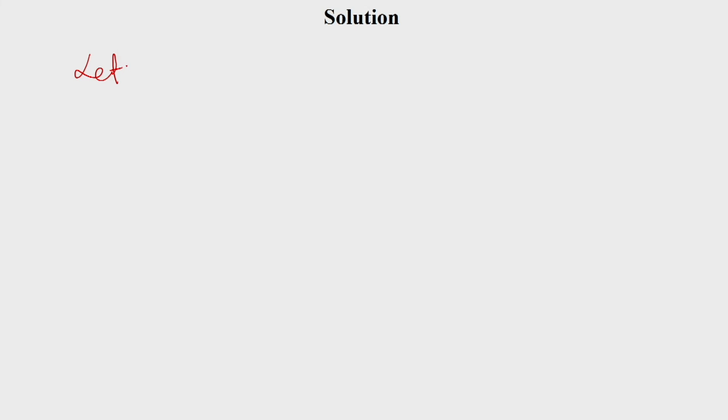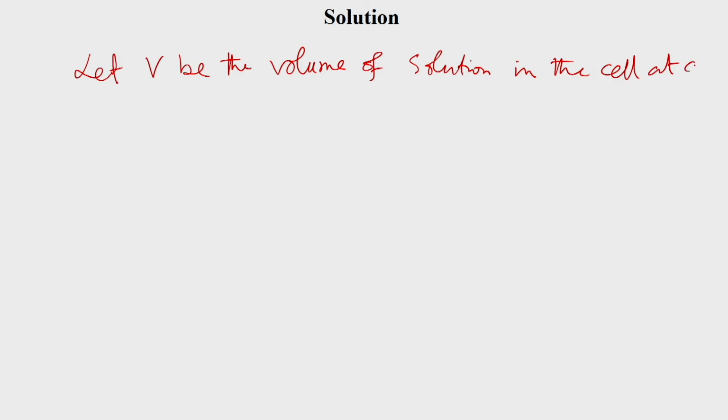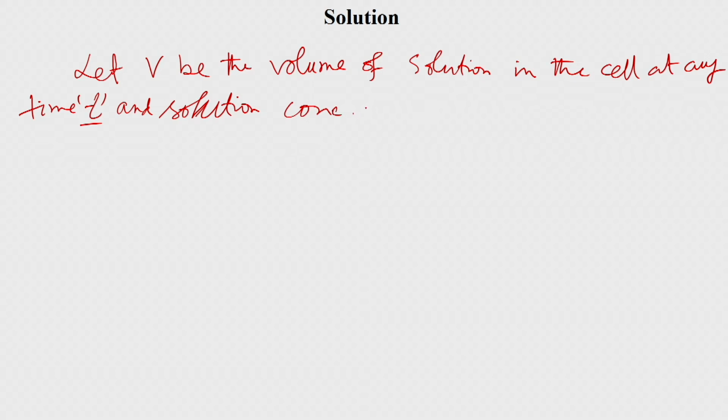So, let V be the volume of solution in the cell at any time t, and the solution concentration will be N by V, where N is mass. Okay. So, the solution concentration is N by V.